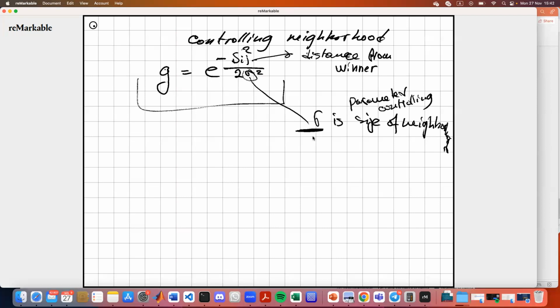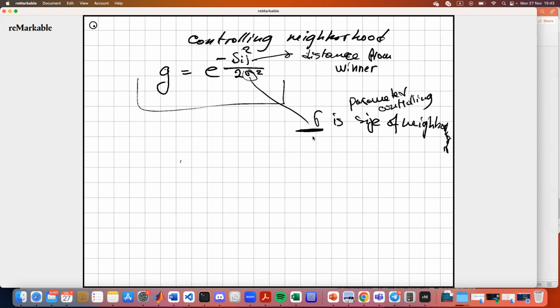So maybe at this point I will switch now to Python and show it in practice. But again, is this understandable somehow? The formulation. This s is the distance, which is given. You can calculate it from one node to another, and it depends on the topological structure that you choose.